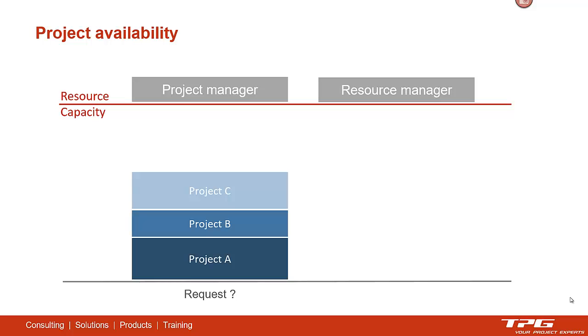manager. So what is the resource manager usually doing before he can commit these requests from project managers? He has to see what is the project availability of his resources.